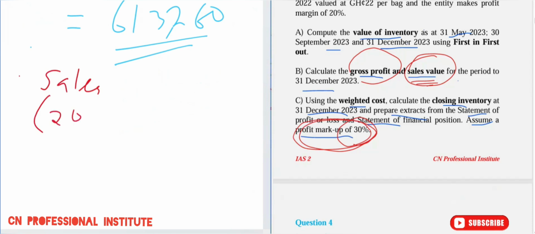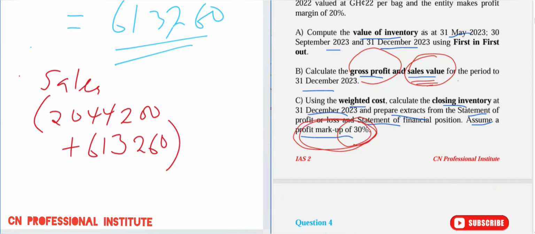So 2,044,200 plus 613,260. I've added the cost of sales plus the profit, and I'll get 2,657,460. So this is my sales revenue.